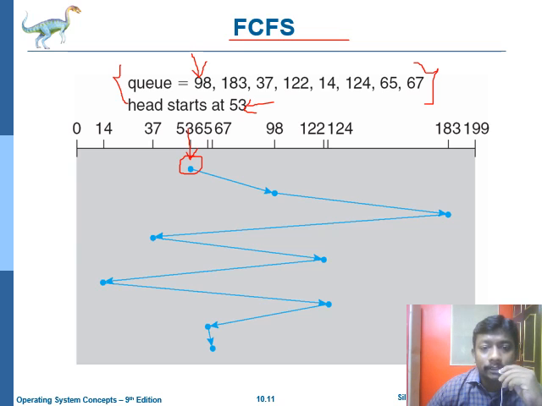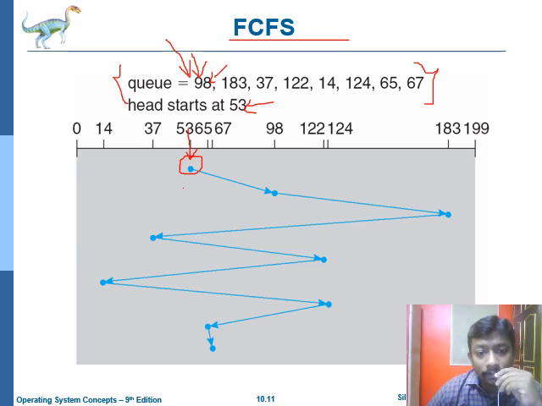In the first come first serve algorithm, whatever inputs arrive first have to be serviced first. So the next request to be serviced is the 98th sector.